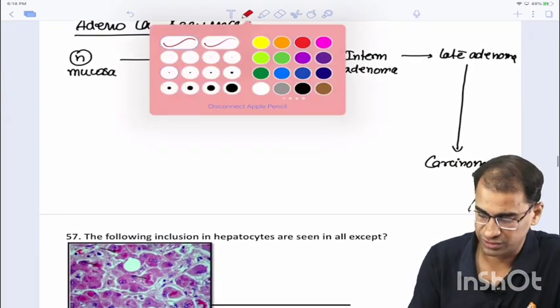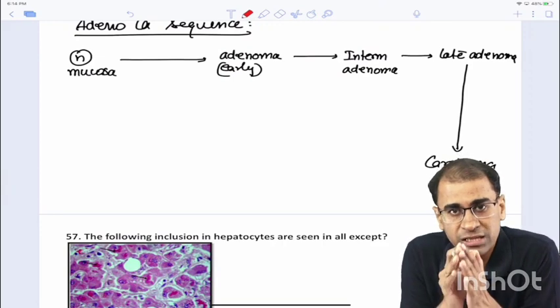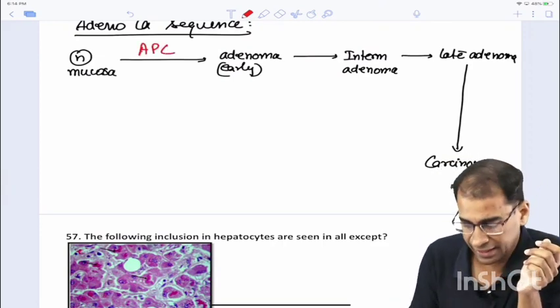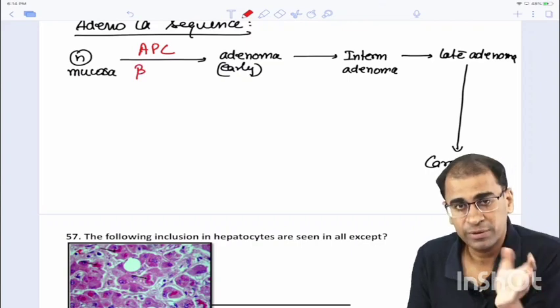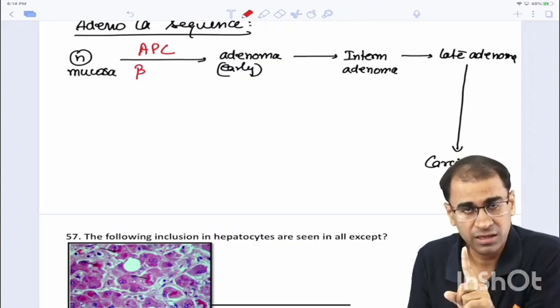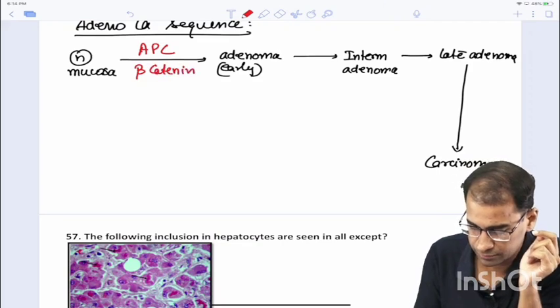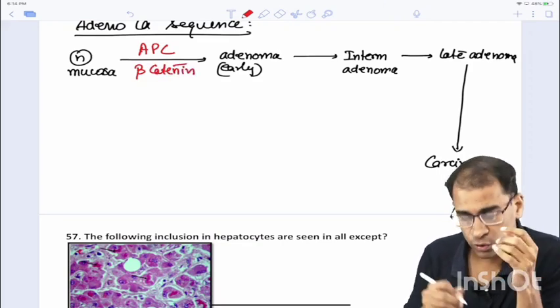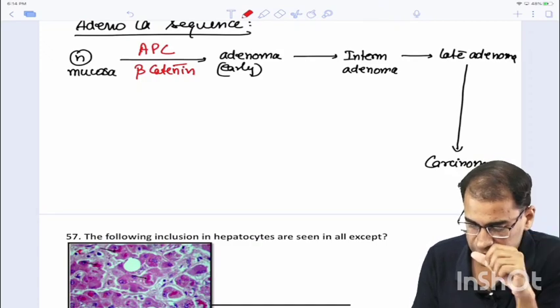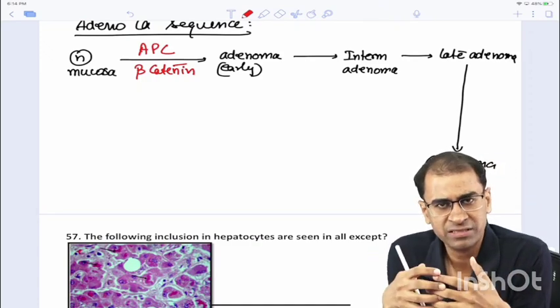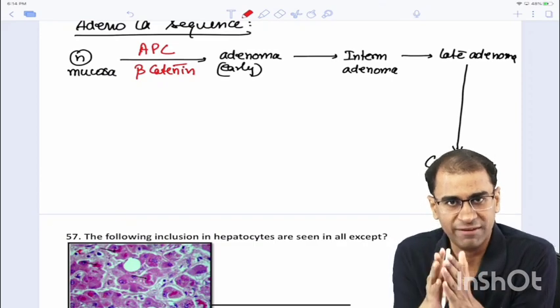What are the mutations you see there? As I told you, the first mutation to occur will always be APC. APC, if you remember, is a tumor suppressor gene, and it has a proto-oncogene called beta-catenin. You may wonder, every person will not have this tumor, some will, right?